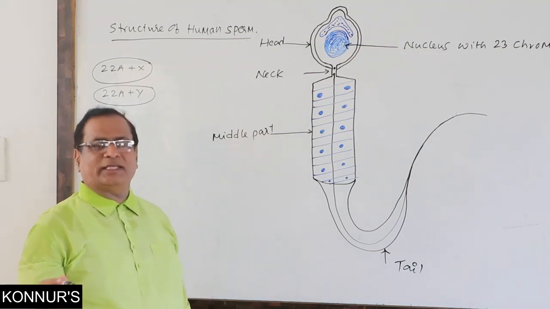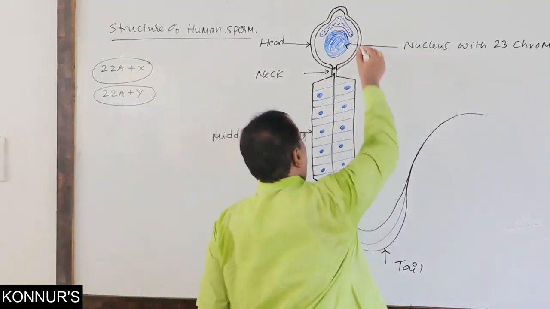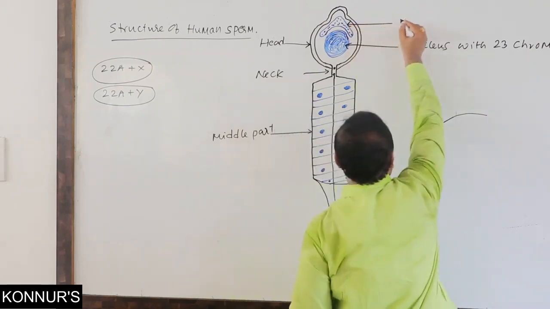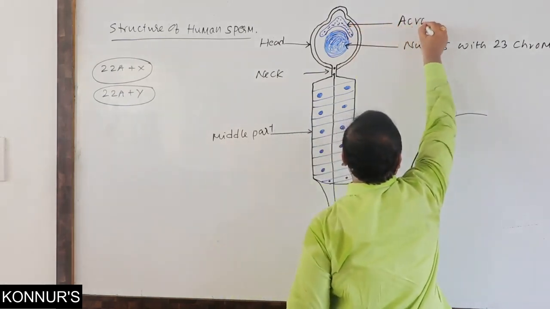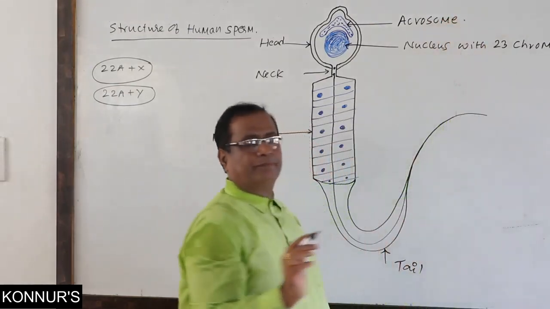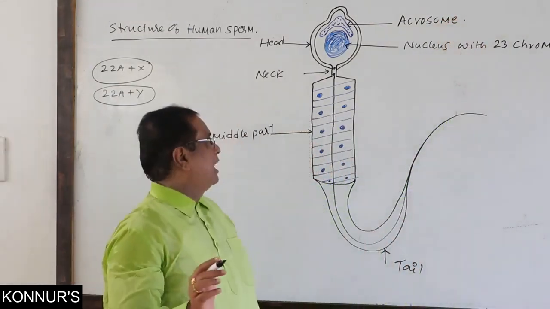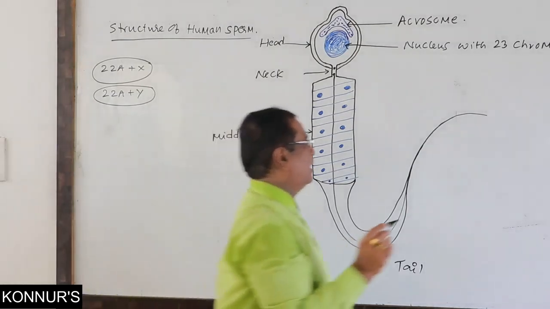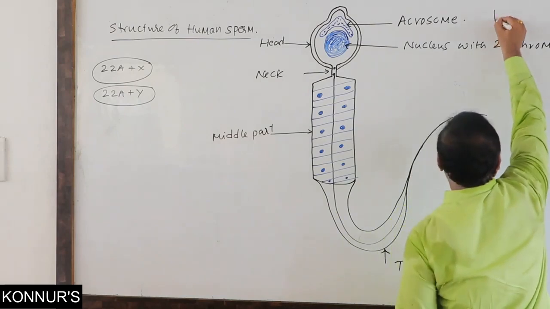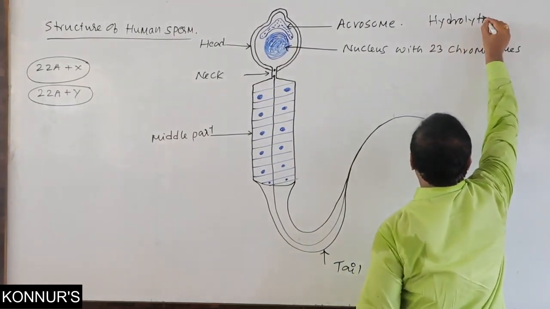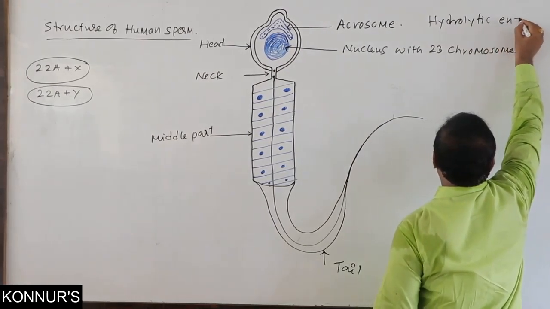Just above the nucleus, there is a C-shaped or cap-like structure. This is named as acrosome. And this acrosome is filled with hydrolytic enzymes.